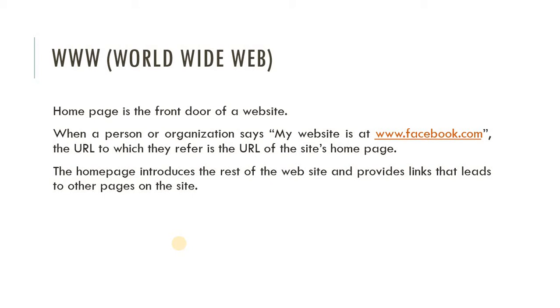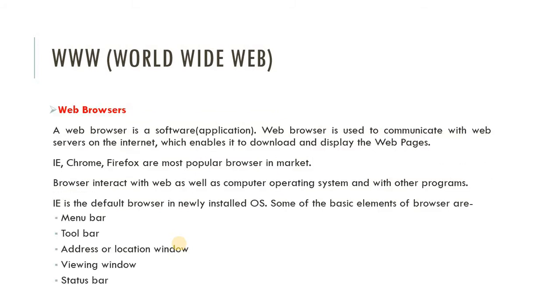This concept is very familiar to us, so I am quickly revising these things. We all know what a web browser is. A web browser is a software application. A web browser is used to communicate with the web server on the internet, which enables it to download and display web pages. We can request content using a web browser.